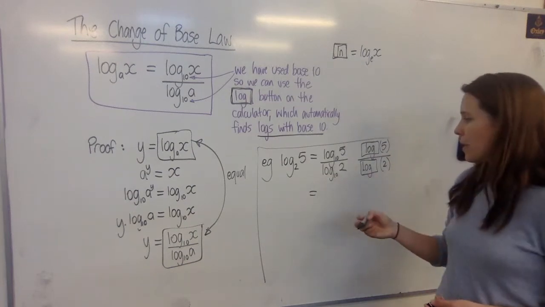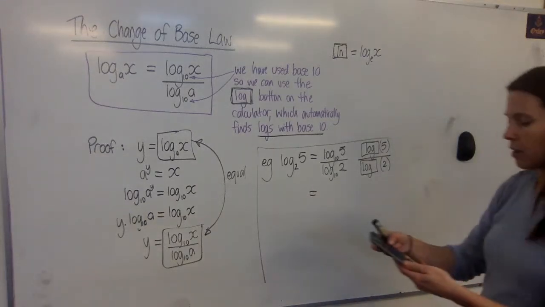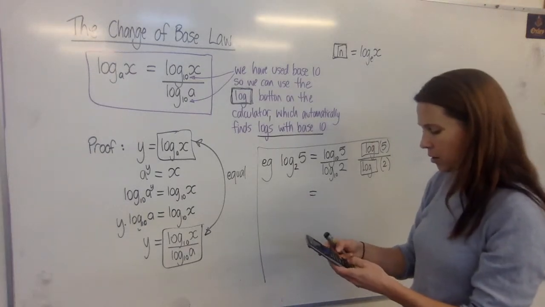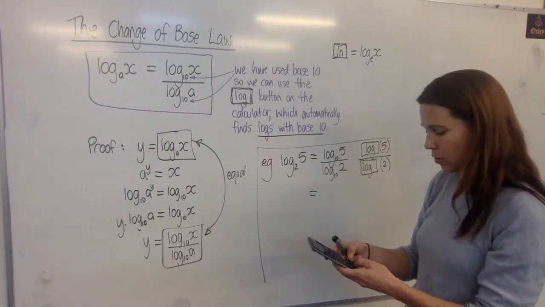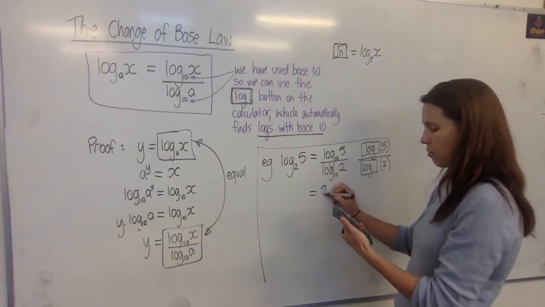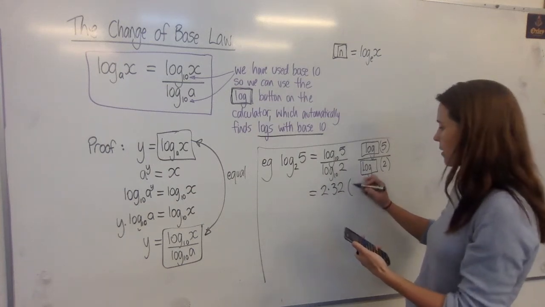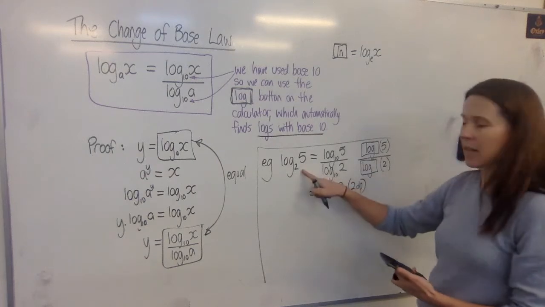And then hit the equals button and you'll have the answer there, which comes out as log of 5 over log of 2, and we get 2.32192. It's a big long number, let's just round it off to 2 decimal places. And now we have an answer to our question.